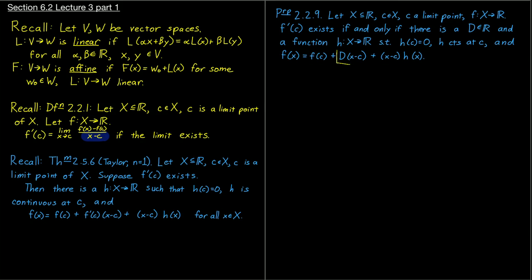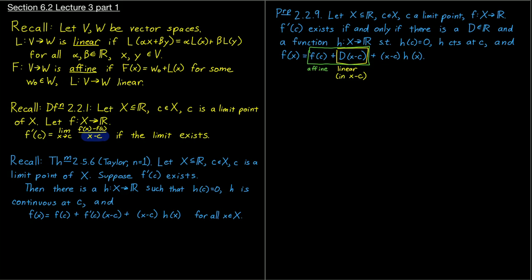So this piece of things, notice, is linear. At least it's linear in the variable x minus c. This whole thing at the start is an affine function, constant plus linear, and you know what the constant has to be.